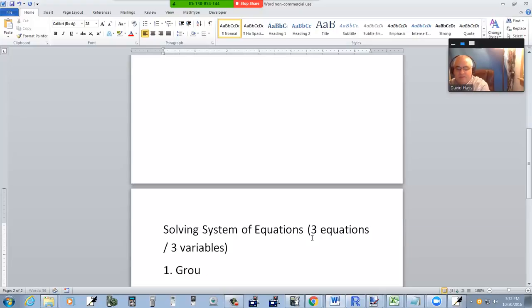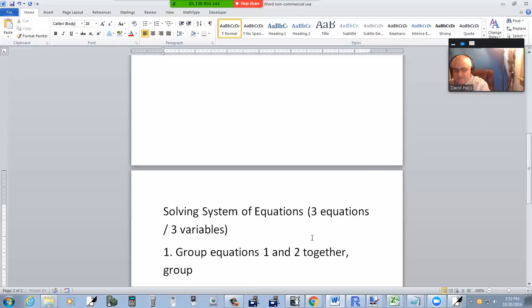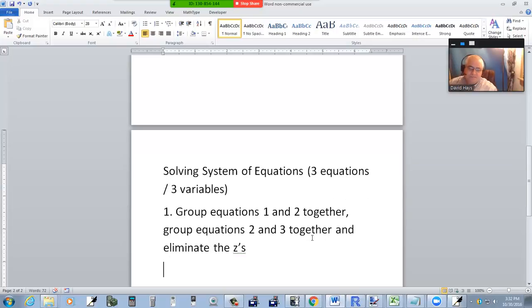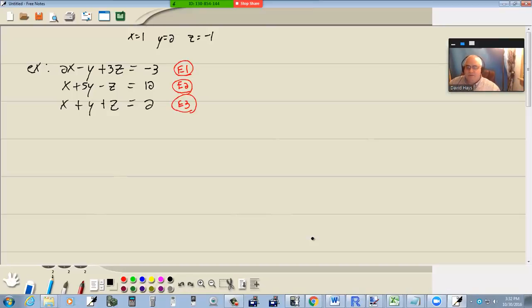Step 1. Group equations 1 and 2 together. Group equations 2 and 3 together. And eliminate the z's. Let's do that first.